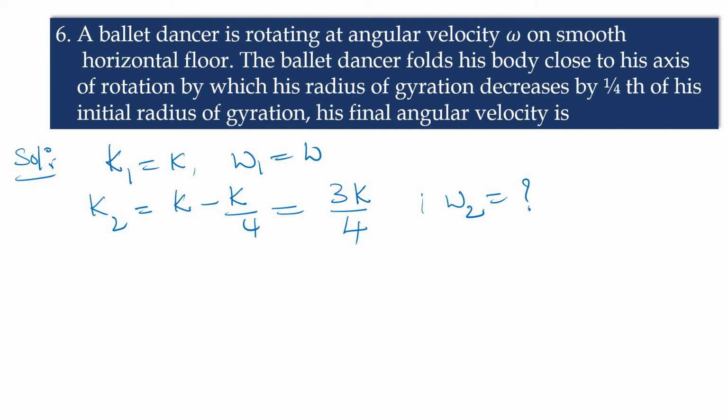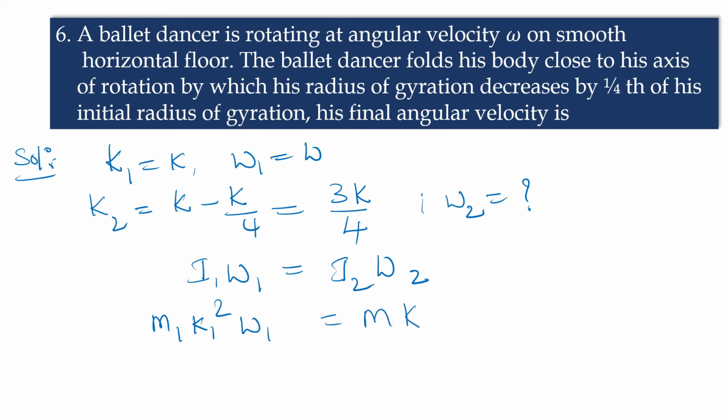According to the law of conservation of angular momentum, I1 omega 1 is equal to I2 omega 2. So m k1 square omega 1 is equal to m k2 square omega 2.